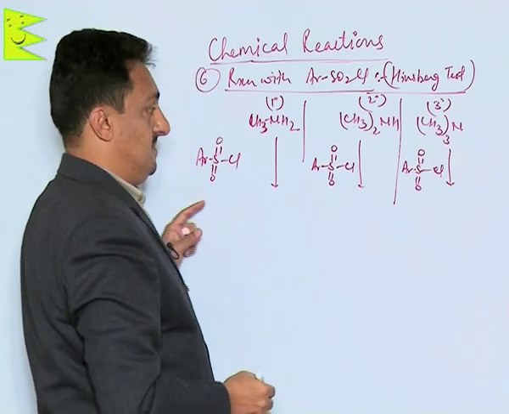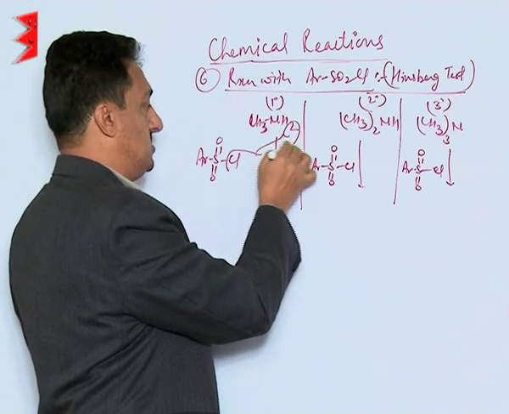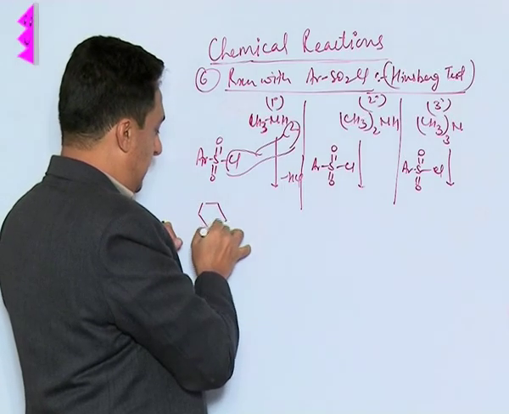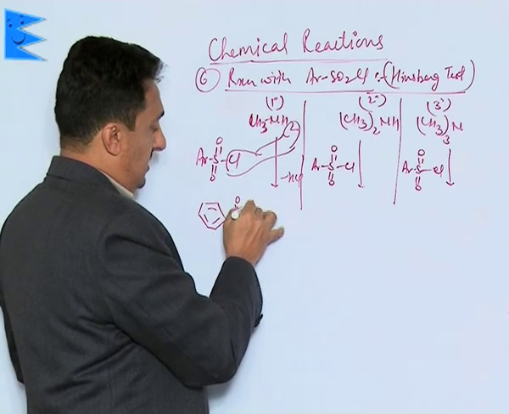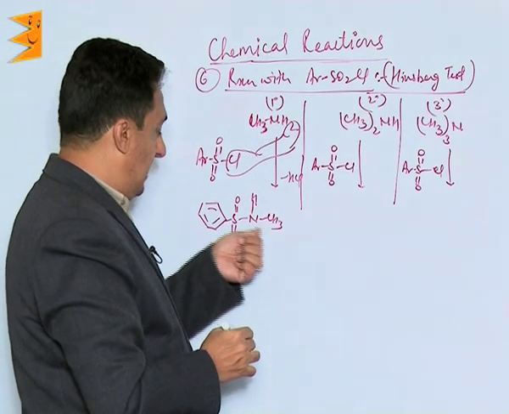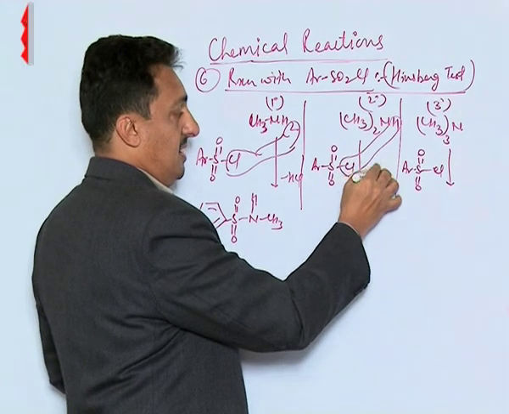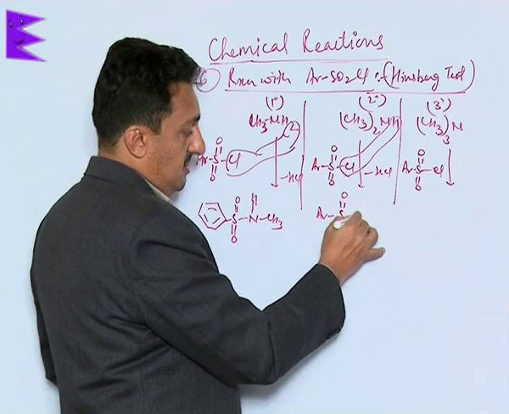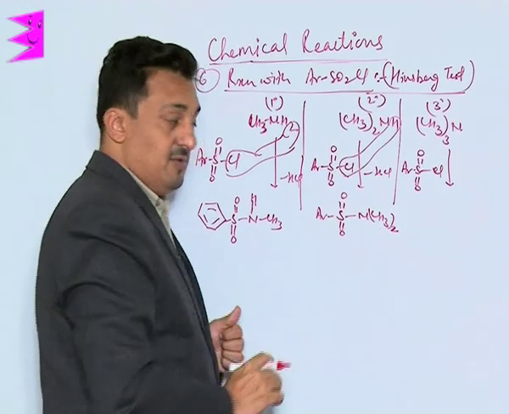Now what we find is the primary amine, H and the Cl of this goes out, so minus HCl. So what we get in this case is this compound being formed, NHCH3. This is called N-methyl benzene sulfonamide. This also, like here, goes out, minus HCl. So we will be able to get N,N-dimethyl benzene sulfonamide.